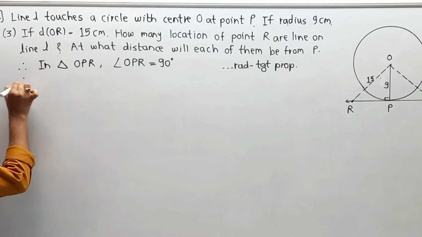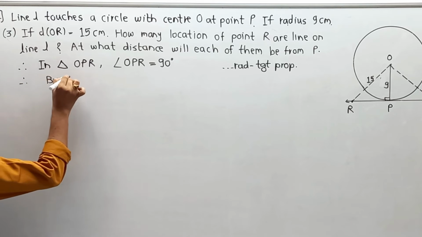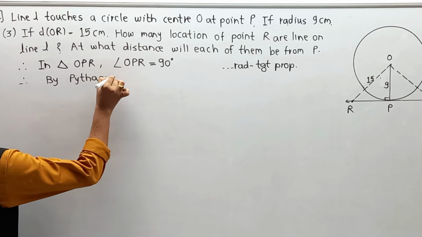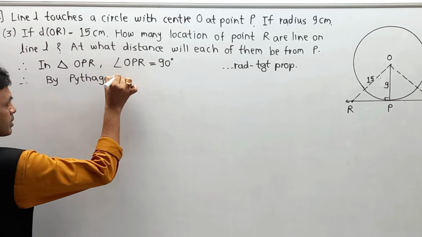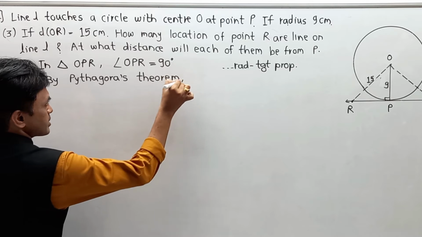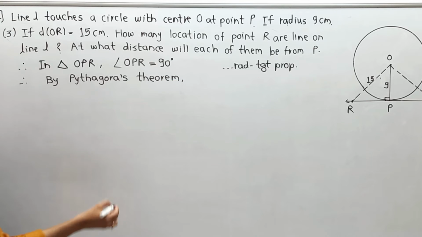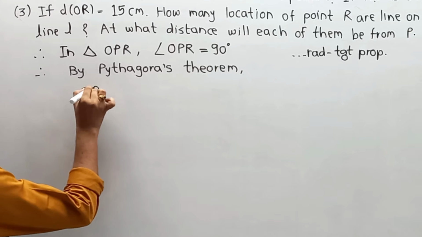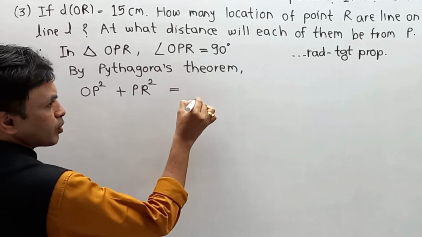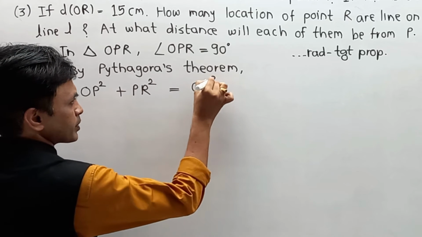Therefore, by Pythagoras theorem, in the triangle we get OP square plus PR square is equal to OR square.